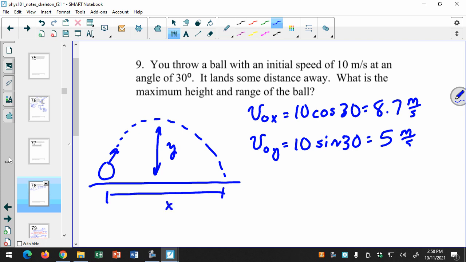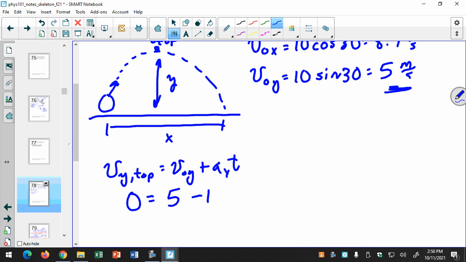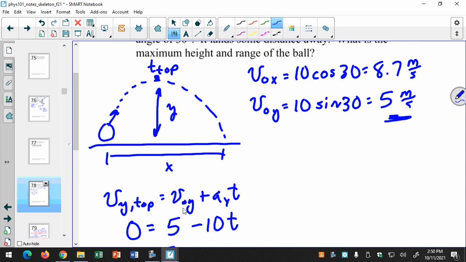The first thing to do is to find t-top on this problem. To find t-top, I say that the velocity in the y direction at the top is equal to v naught y plus ayt. That's 0 equals 5, I got that from up here, minus 10 times t. So t is equal to 0.5 seconds. So that tells me that up here, this is equal to 0.5 seconds.